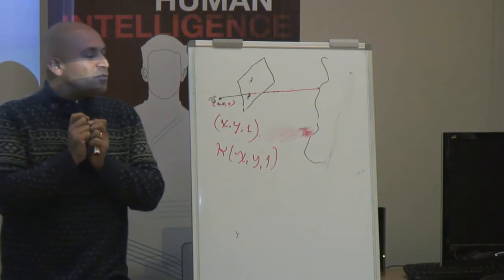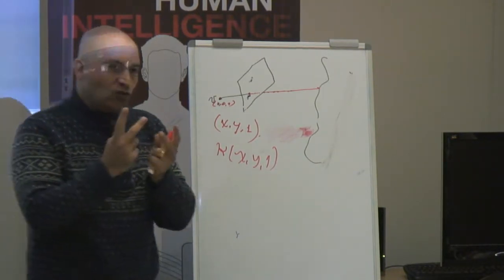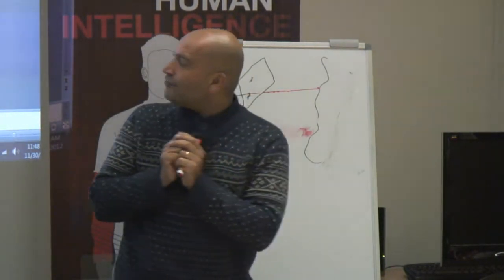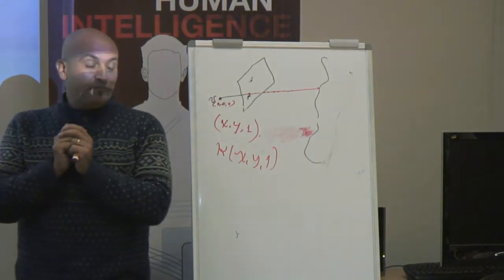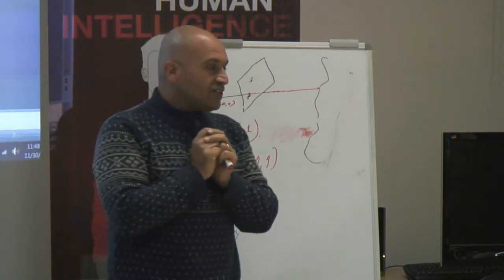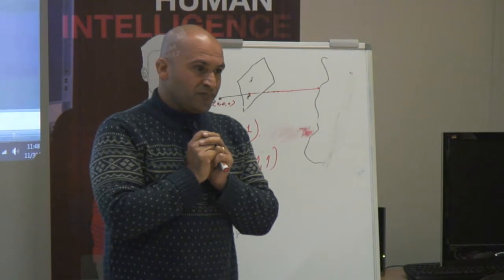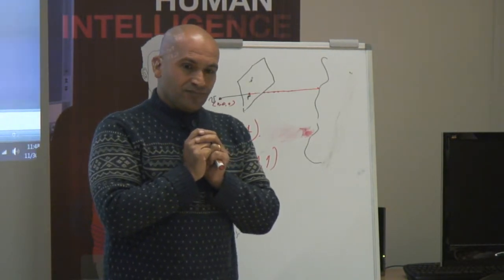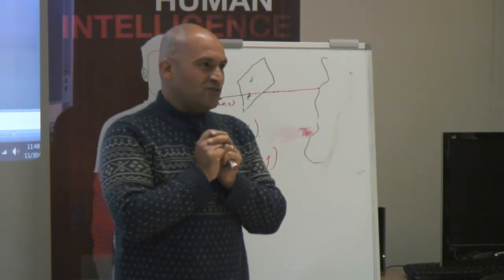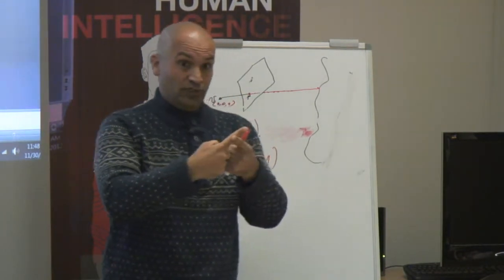Now, how do we compute the intersection of two lines? If we have two lines, L and M, how do we compute the intersection? It will be a point in 2D.